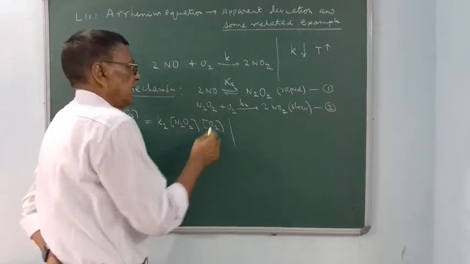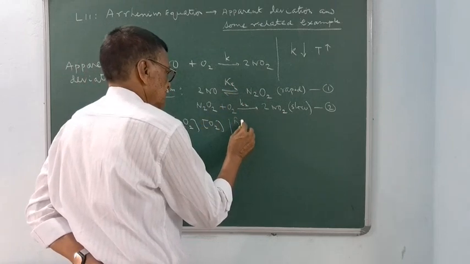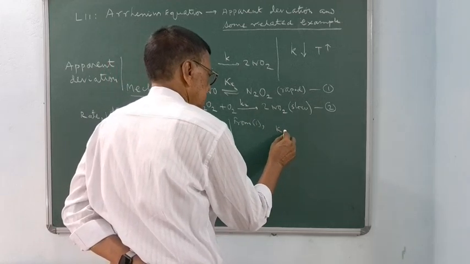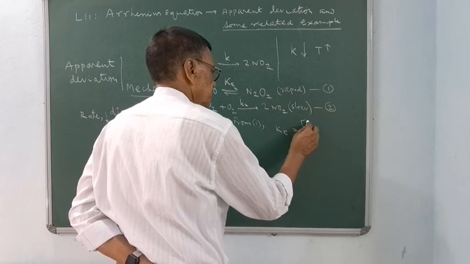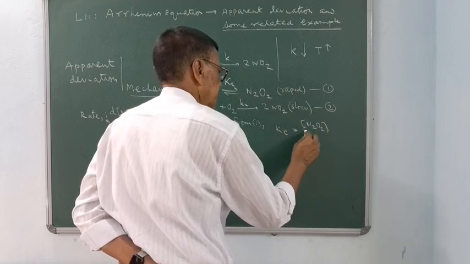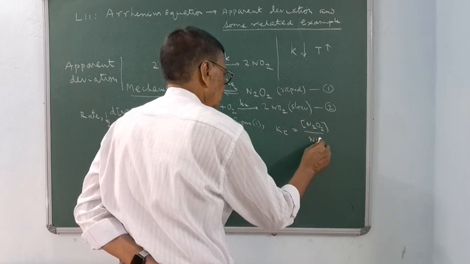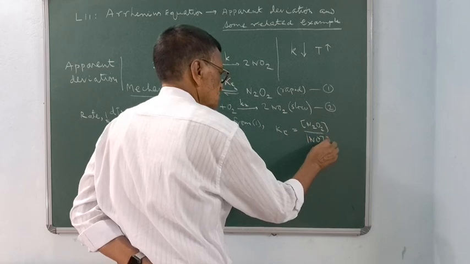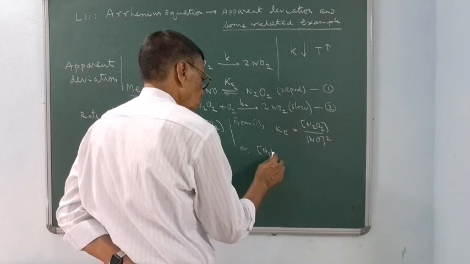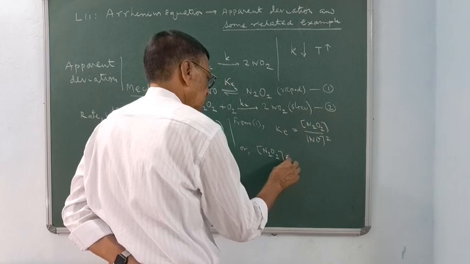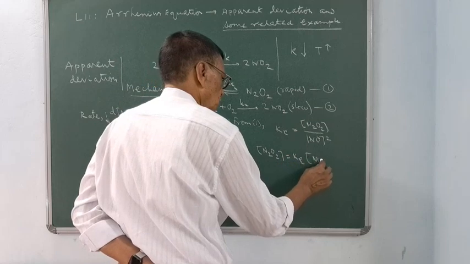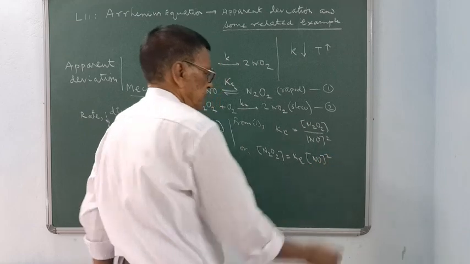But from equation 1, the equilibrium constant is equal to [N2O2] divided by [NO] square, or the concentration of N2O2 is equal to Ke, the equilibrium constant, times [NO] square.